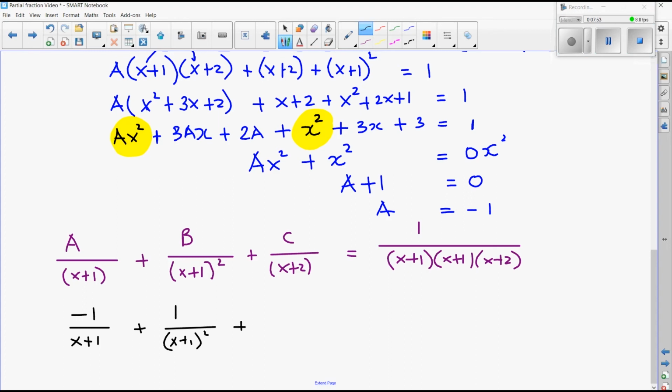And the value of c is 1, and this is over x plus 2. You can still insert brackets around each denominator if you want to, and this will give you the fraction 1 over x plus 1 squared times x plus 2.